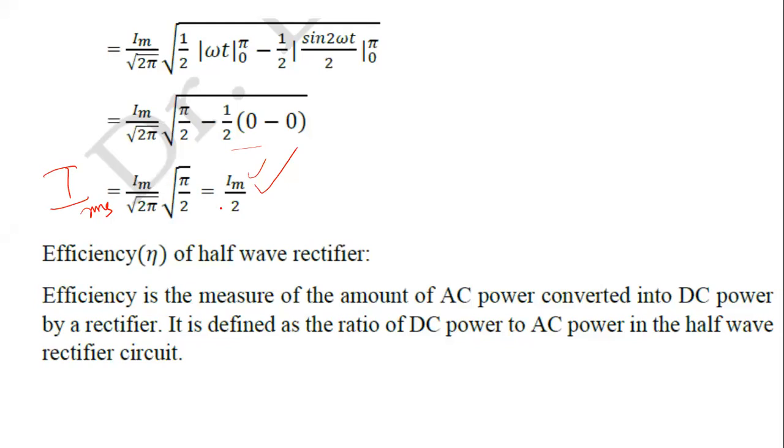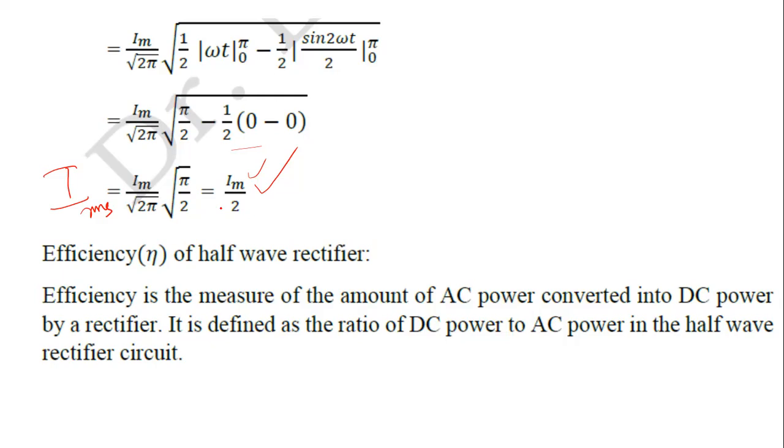Okay. Now there is this thing called the efficiency of a half-wave rectifier. Efficiency is a measure of the performance of that device. Our device here is a rectifier, whose purpose is to convert an AC signal into a DC signal. How efficiently your rectifier can convert AC into DC is known as the efficiency of the half-wave rectifier.